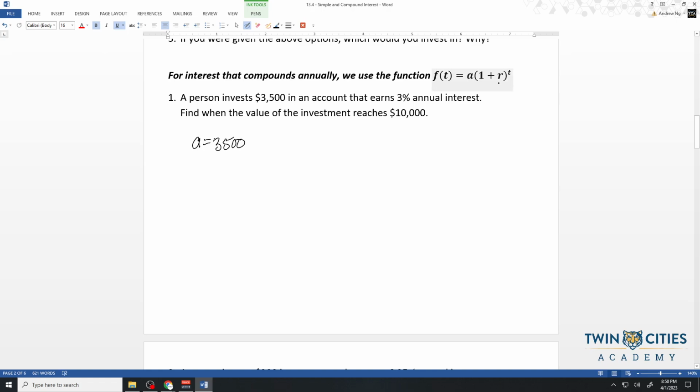All right, what is R? R is the rate. So this is the 3% annual interest. R is going to be 3%, so that's 3 out of 100, which is 0.03. So let's put this together.